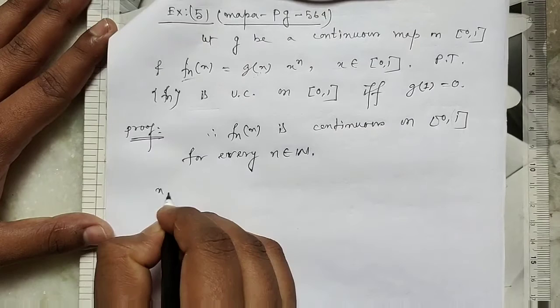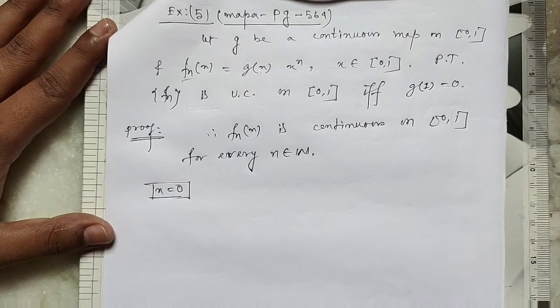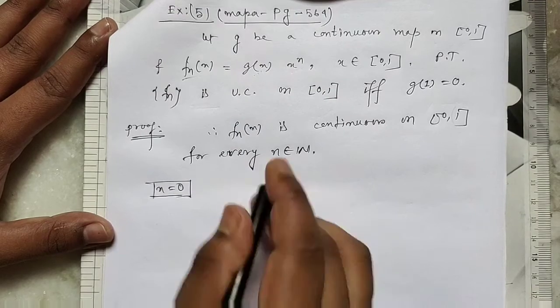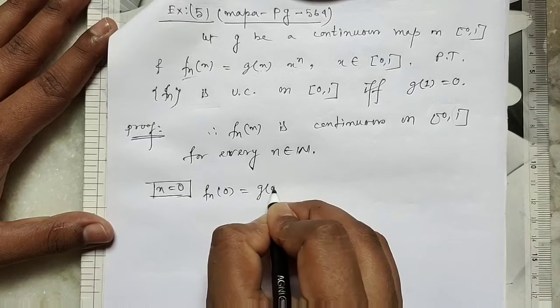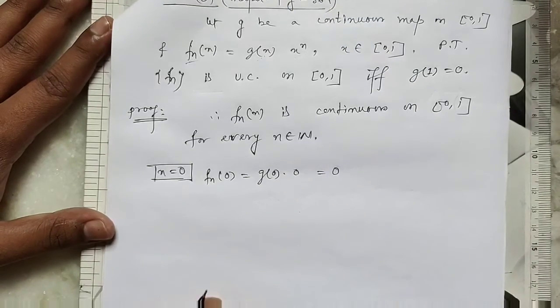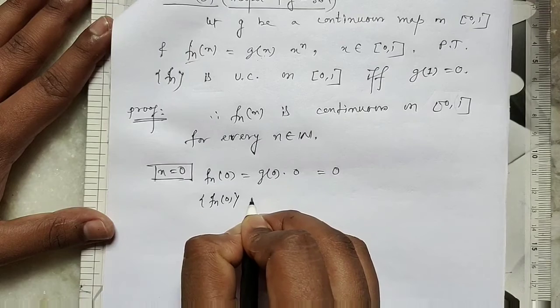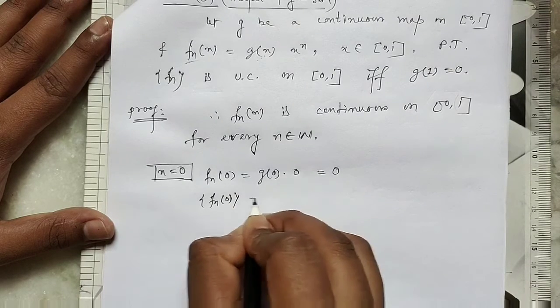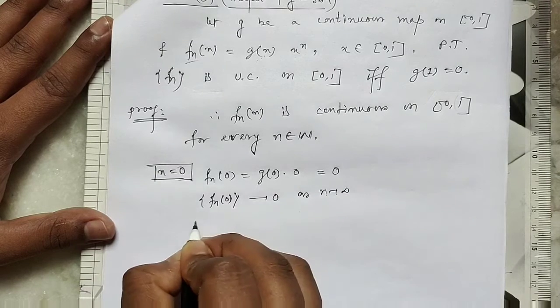So at x equal to 0, fn(0) equals g(0) times 0, that is 0. The real sequence converges to 0 as n tends to infinity.